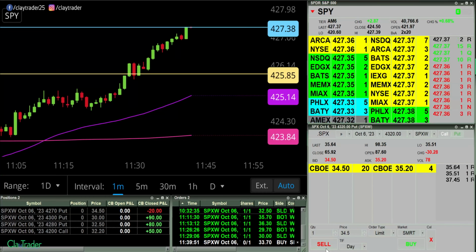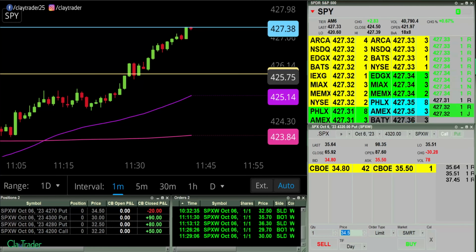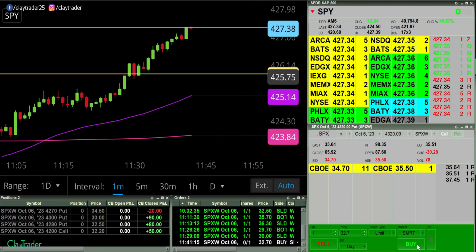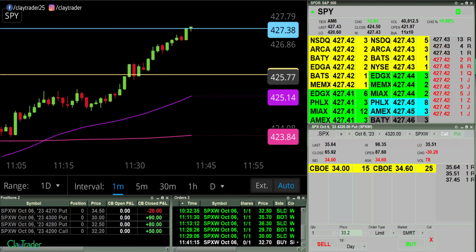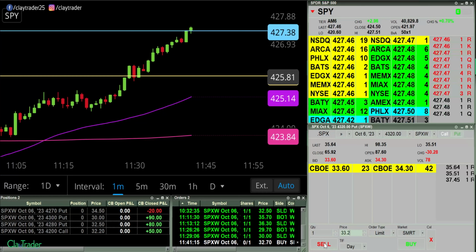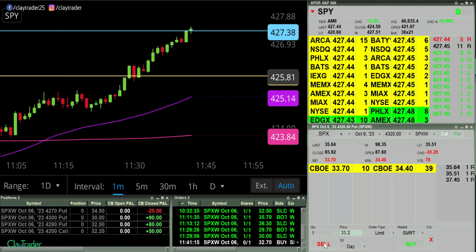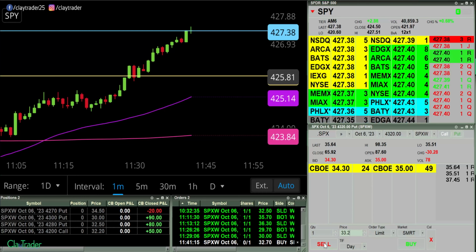I wanted that blue line just off. All right, let's go to 32.70. Then we'll look to play a fake breakout of it. All right, I'll pause.